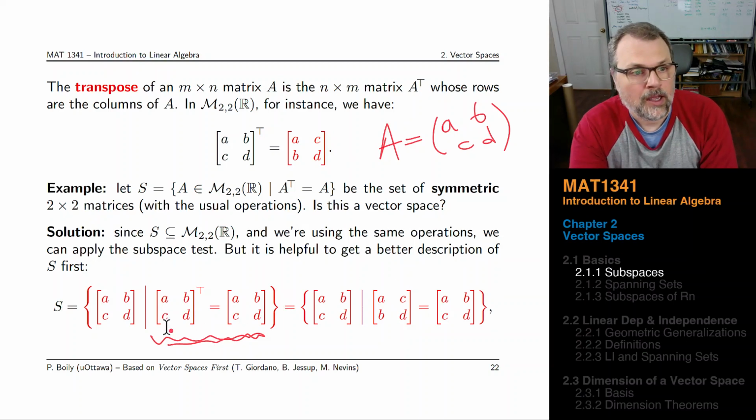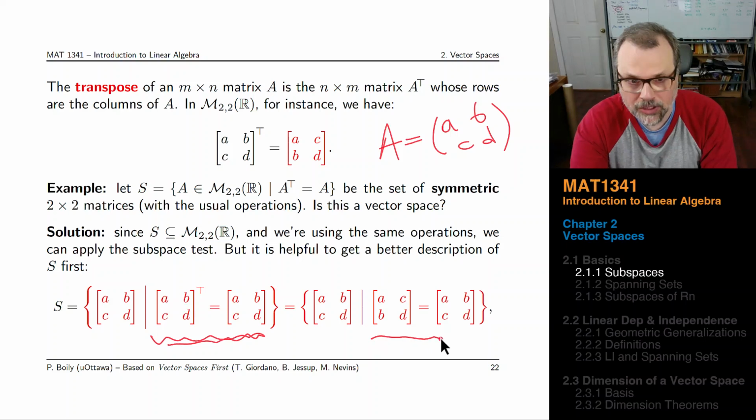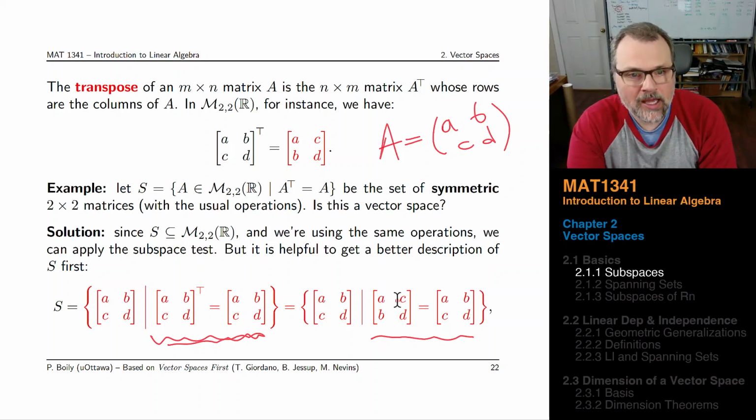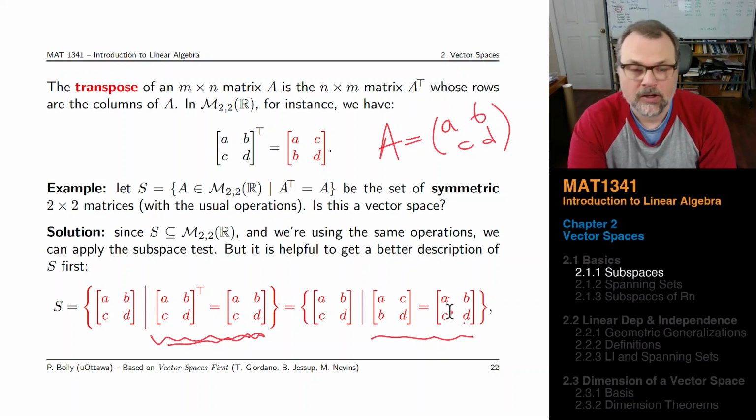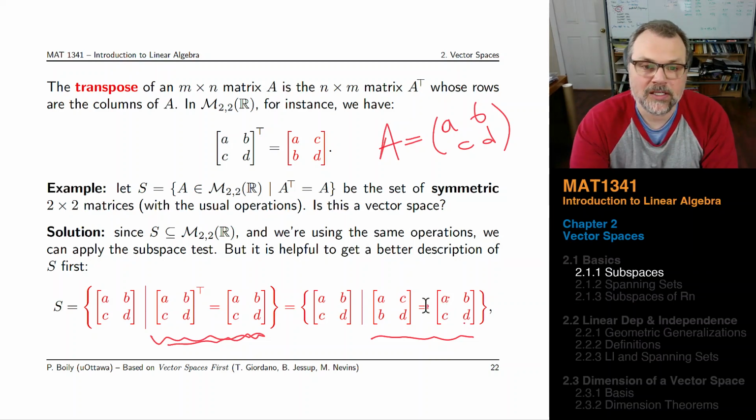So I'm looking for all the matrices [A, B; C, D] where, as the membership condition, A is equal to A, where D is equal to D. That's not really useful because A is always equal to A and D is always equal to D. But where also C is equal to B and B is equal to C.